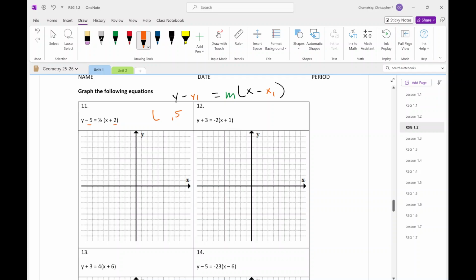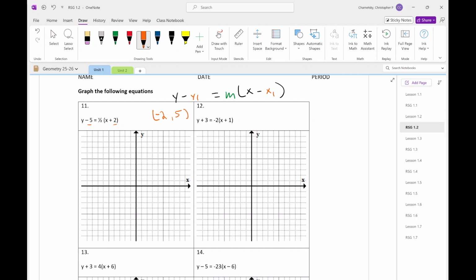And the x coordinate is going to be negative 2. Why is it negative 2? It's a negative because of that plus right there, because in our equation, it's x minus x1, so x minus minus 2 is going to change that minus to a plus. So the shortcut way of thinking this is it's always the opposite sign of those coordinates.